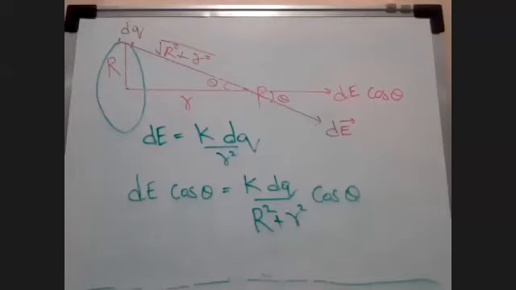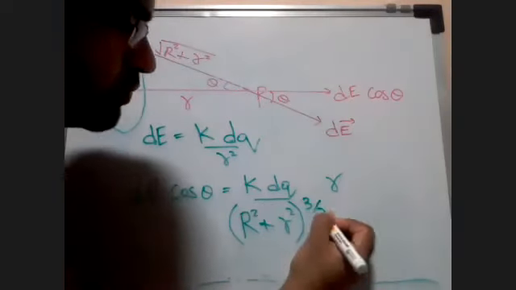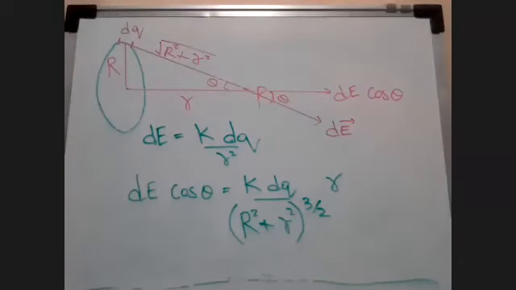What is cos theta? We have studied it in 10th, adjacent upon hypotenuse, raised to 3 by 2. So now we have written cos theta in terms of r and capital R.